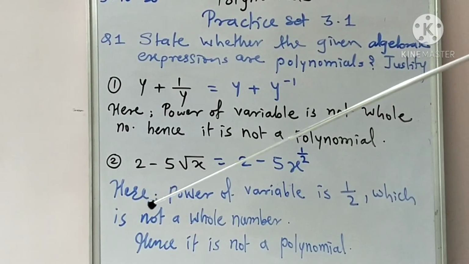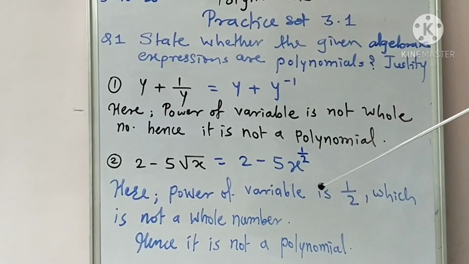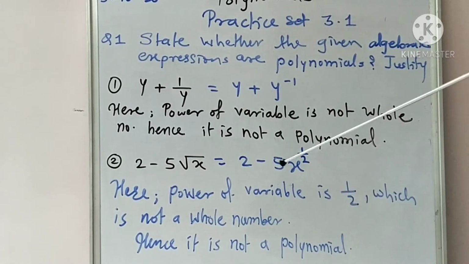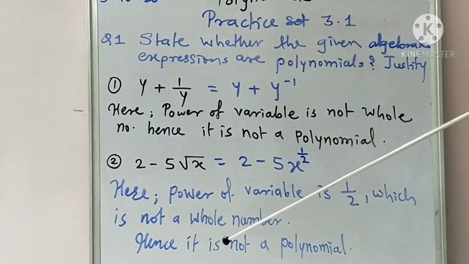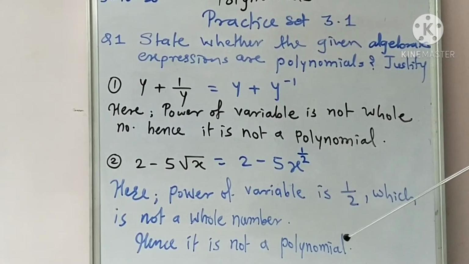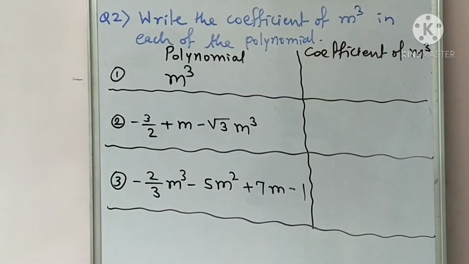Hence the power of the variable is 1 upon 2, which is not a whole number, and the given expression is not a polynomial. This is how a 1 mark question can be asked in the exam. The remaining 3 examples of question number 1, do as your homework, students, in the same classwork book.